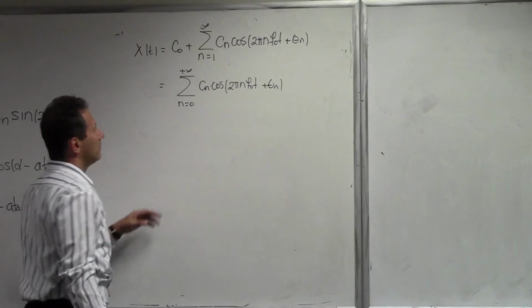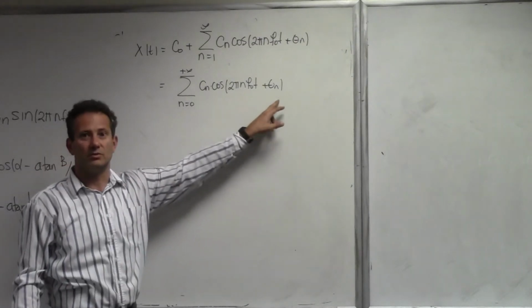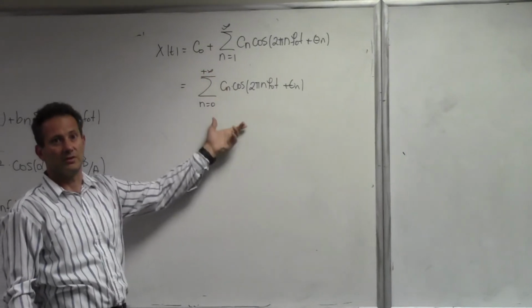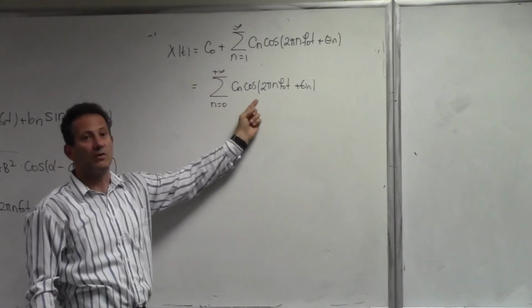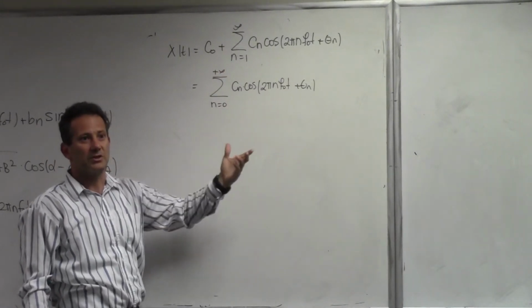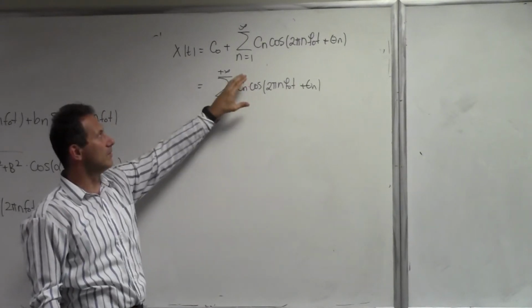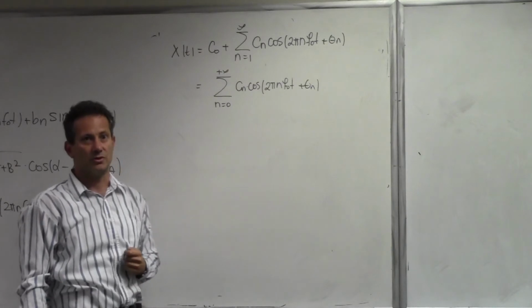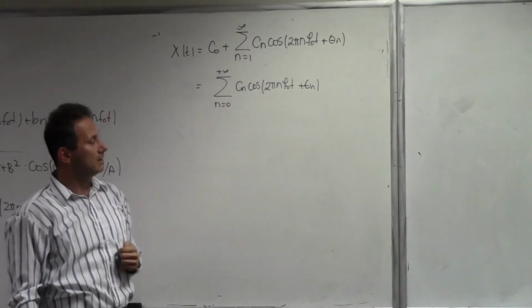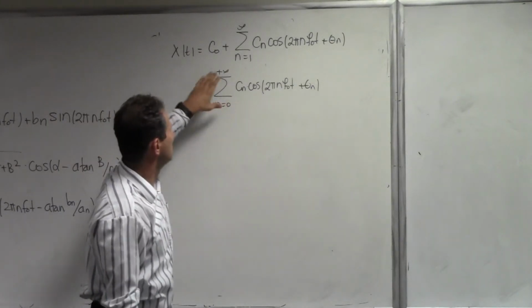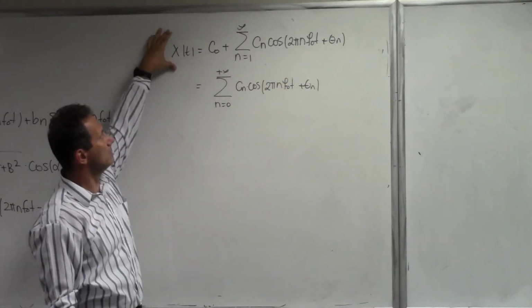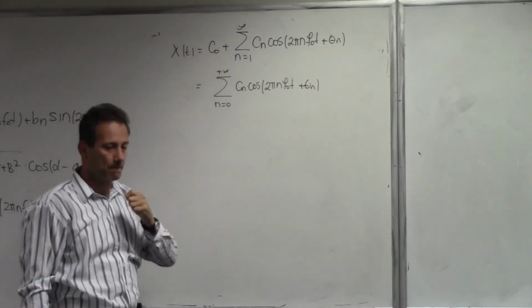And you just know that for n equals 0, theta n is equal to 0, and Cn is equal to this C0. So it is really a sum of cosines, but we have a special cosine, the cosine for which the frequency is 0, and its phase is also 0, right? So this is just for further explanation. The form is this one.